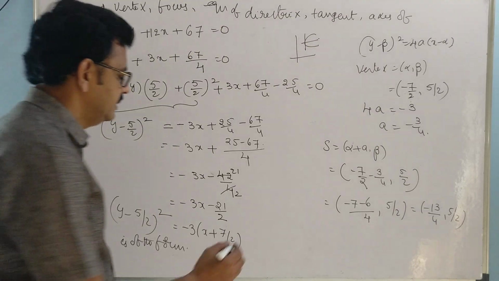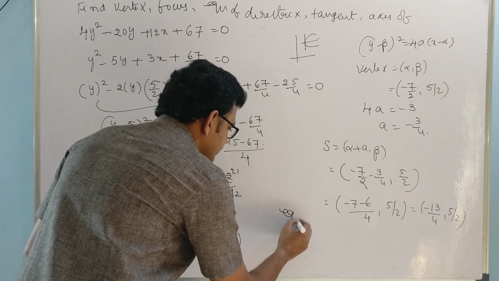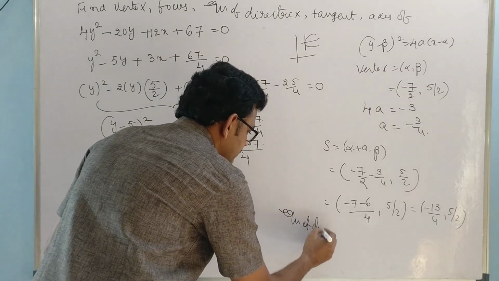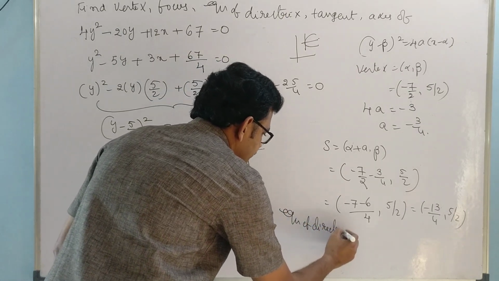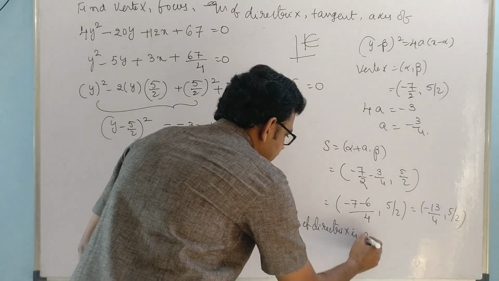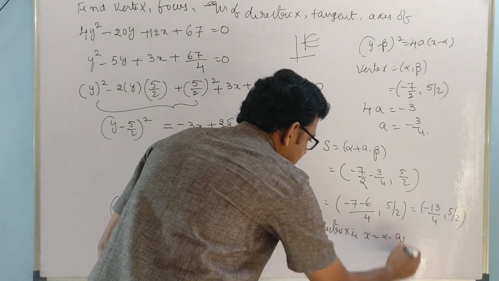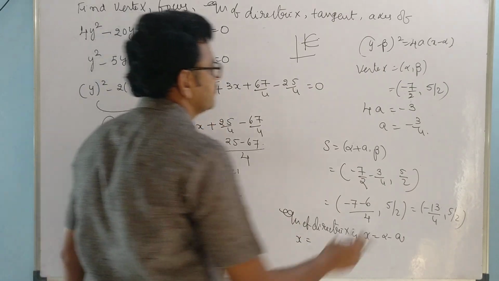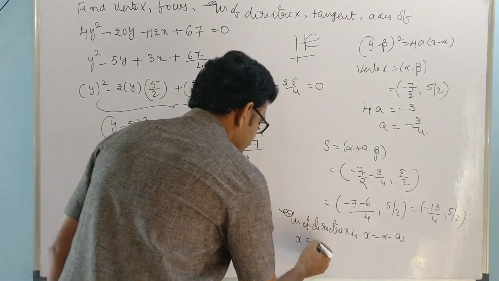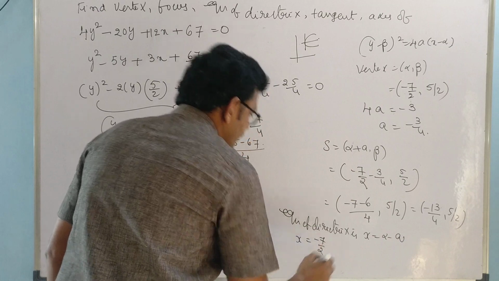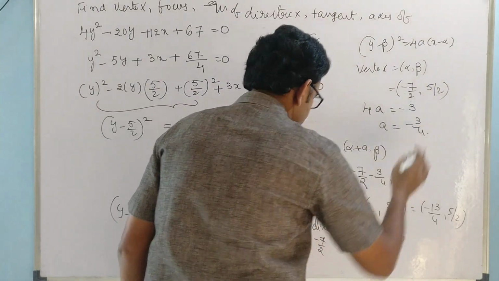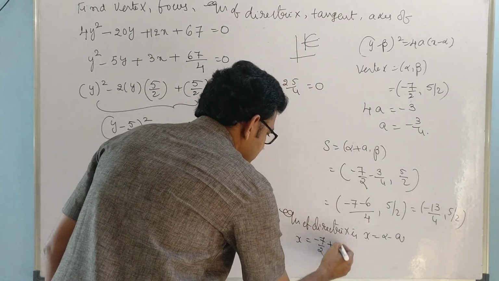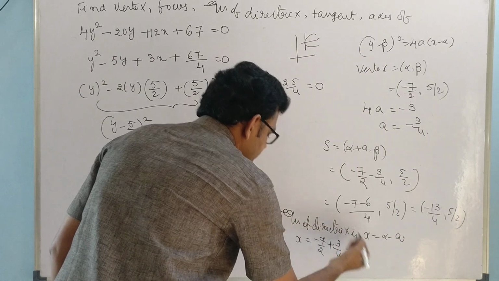Okay, next one is equation of directrix. It is x equal to alpha minus a, that is x equal to, where alpha is minus 7 by 2 and a is minus 3 by 4, minus of minus, plus 3 by 4.